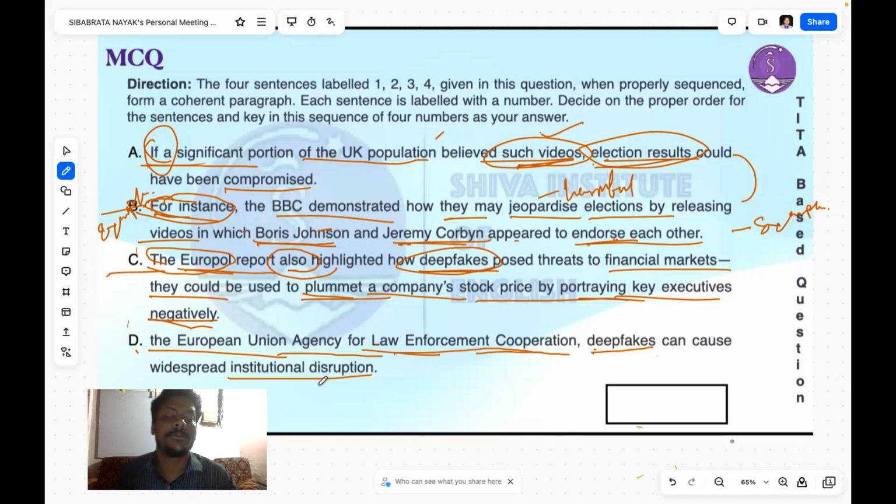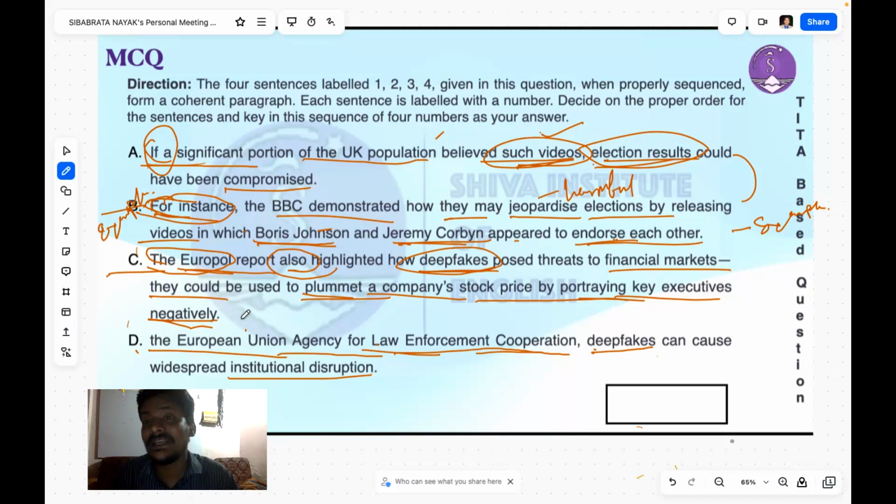So what you can find out, option D makes a thought like deepfakes can cause widespread institutional disruption, right? Option C also stated how deepfakes pose threats to financial markets. So in that case, we could consider D and C would be a pair to each other.